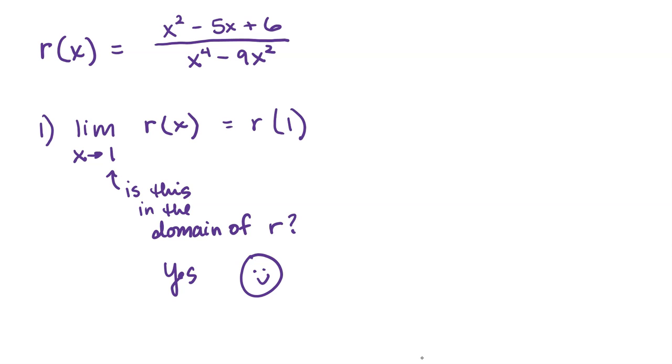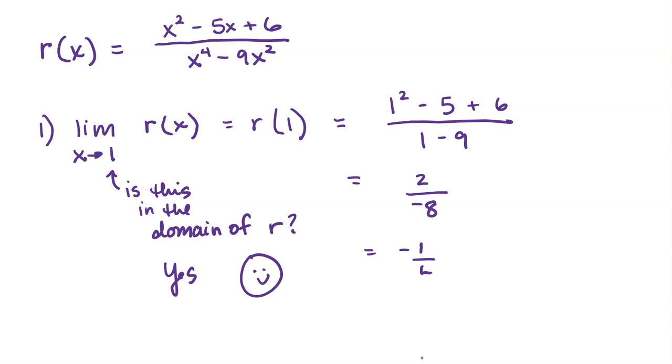Its limit is just equal to r of 1, and so we plug in 1 to this function: 1 squared minus 5 plus 6 over 1 to the fourth minus 9 times 1, and we get negative 4 plus 6 is 2 on top, negative 8 on bottom, so the limit is negative 1/4.